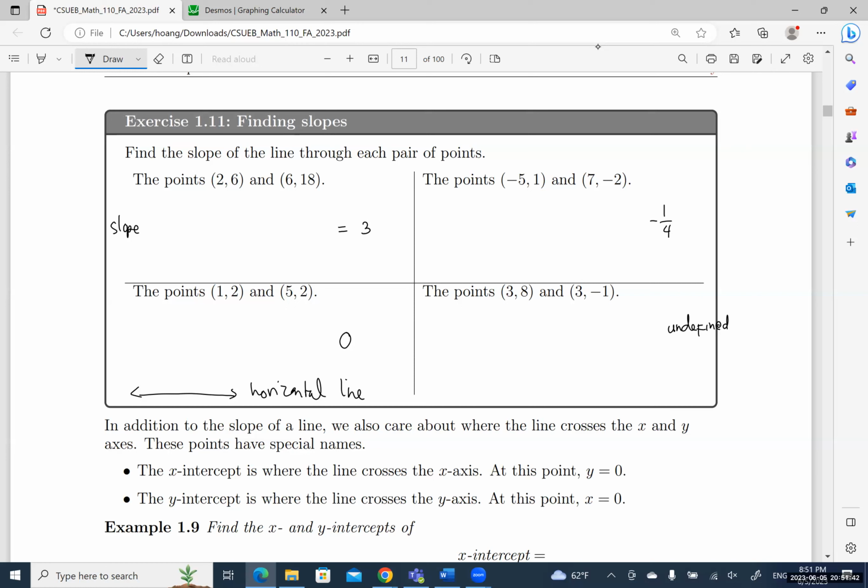And if it is undefined, you will have a vertical line. So these are the things, and the rest you're going to do for me.